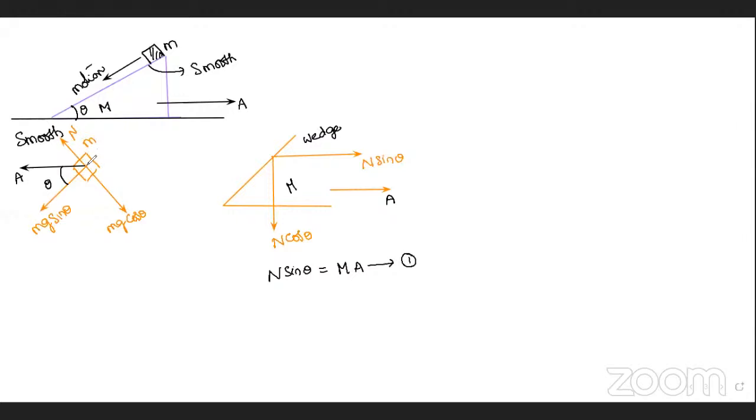So here the mass is m and acceleration a means I have to write the pseudo force m into a. That ma is not along the direction of motion. So again, I have to resolve ma into two components. For ma, this is the adjacent side, and the other component I will get in this direction.